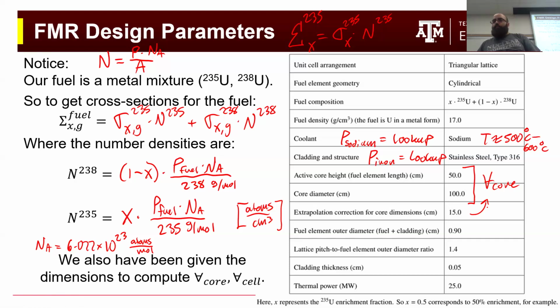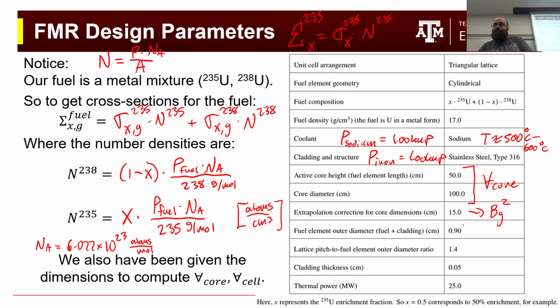So technically these corrections are going to be involved when you calculate BG squared, because BG squared is based on the extrapolated dimensions. And in the problem statement, I give you a little hint about how you would calculate that BG squared in terms of how you add this correction factor to the height and to the diameter.